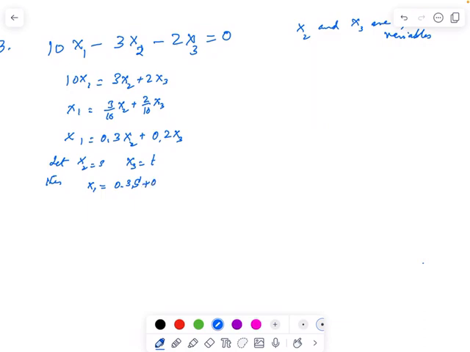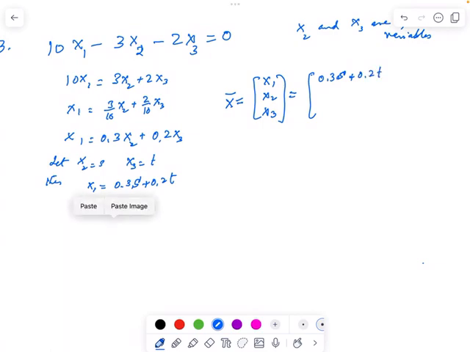Plus 0.2 t. So that I can say the x vector, which is x1, x2, x3, is going to look like 0.3 s plus 0.2 t. Then x2 is s and x3 is t.